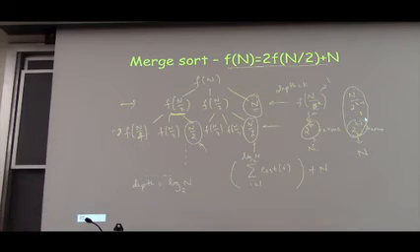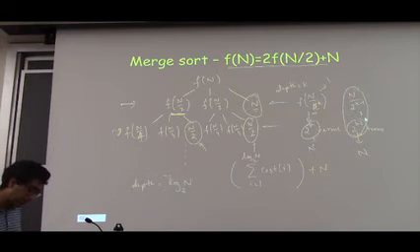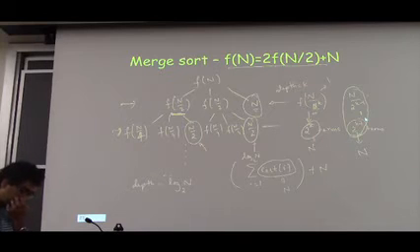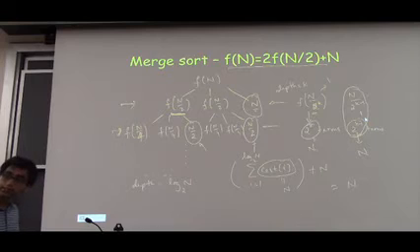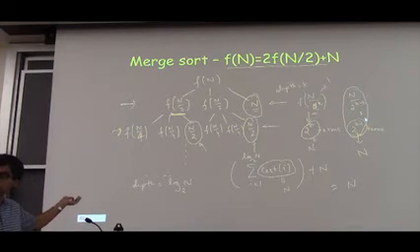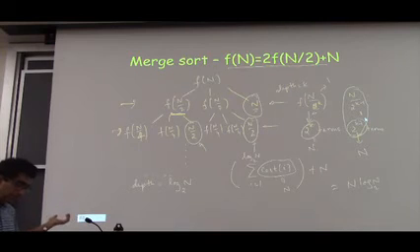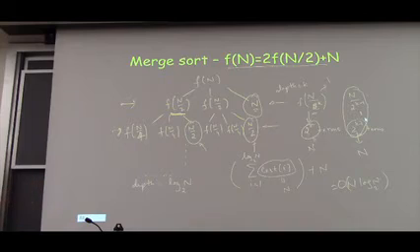Each cost of i is n, so this is n times the number of levels. So this is n log n to the base 2 plus n. So I'll just write it as O of n log n. Okay, so this is how you get this n log n bound for merge sort.